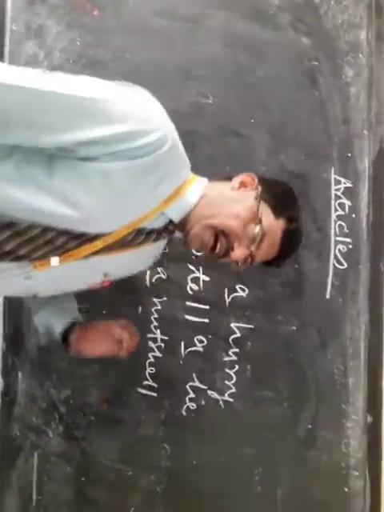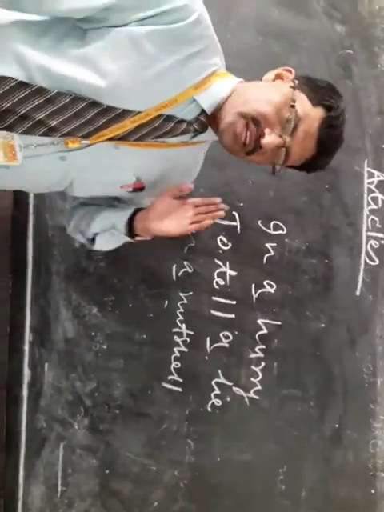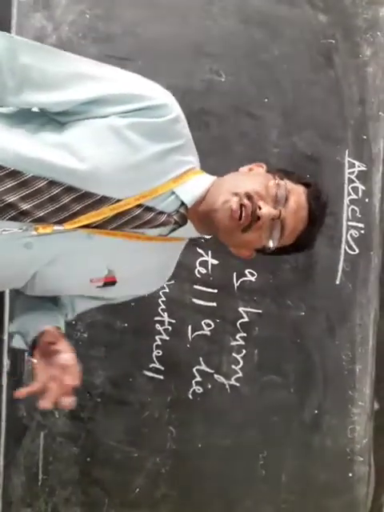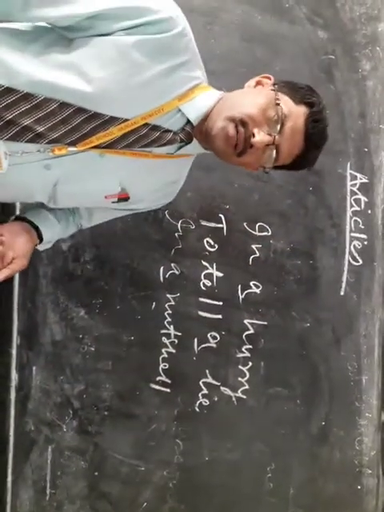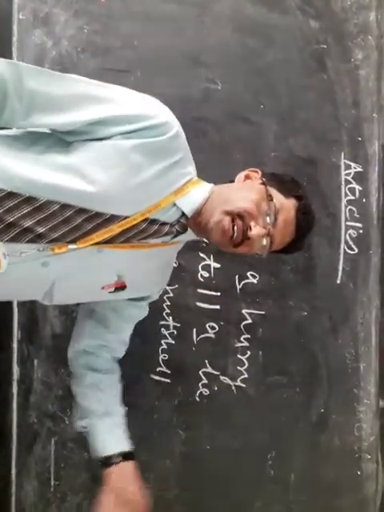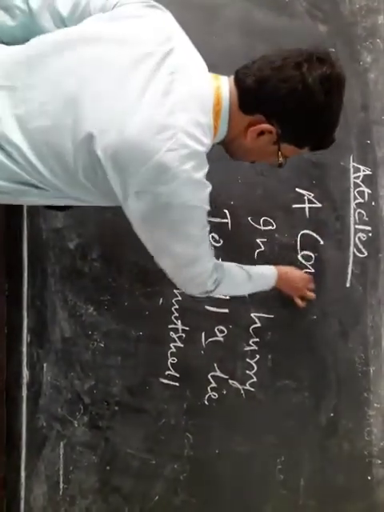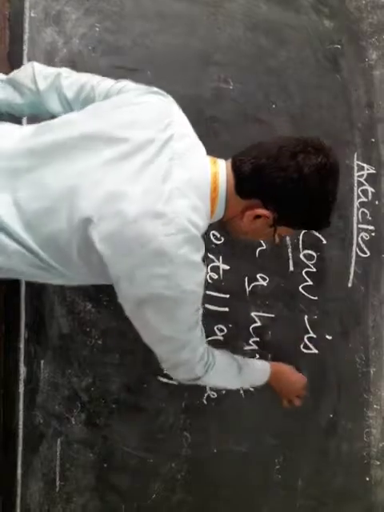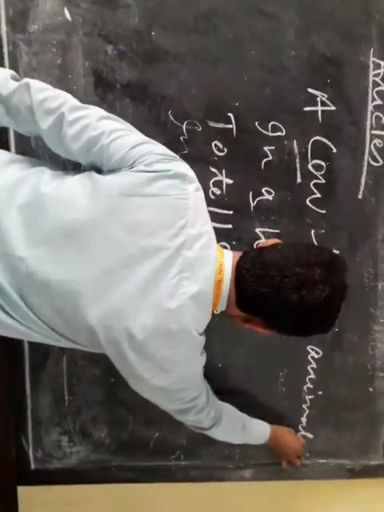Now, a and an are also used before singular countable nouns to denote a class of things or a whole class. Suppose a cow is a domestic animal. A cow is an animal. What does it mean?